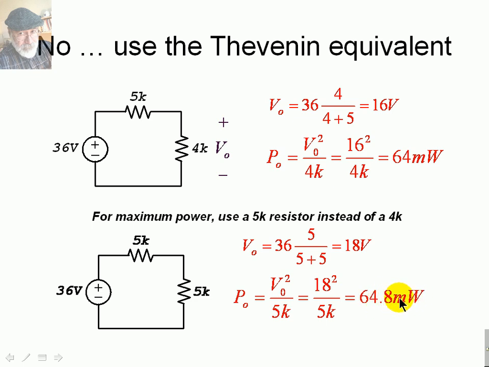That is the maximum power we can extract from the original circuit at that port, and that happens when we connect there, instead of the 4 kilo ohm resistor, a 5 kilo ohm resistor. Observe the difference is not that big. It's what? 1.5% difference. However, there is some difference there.